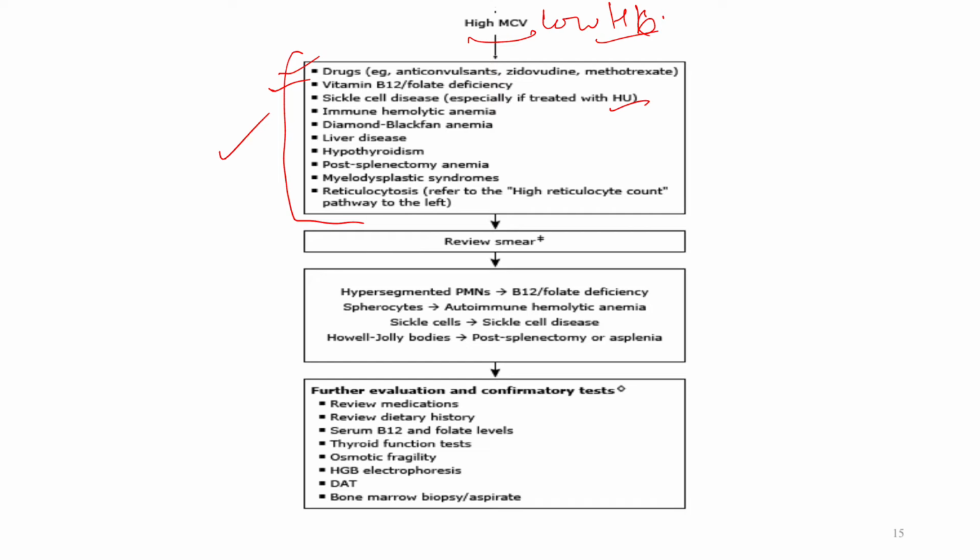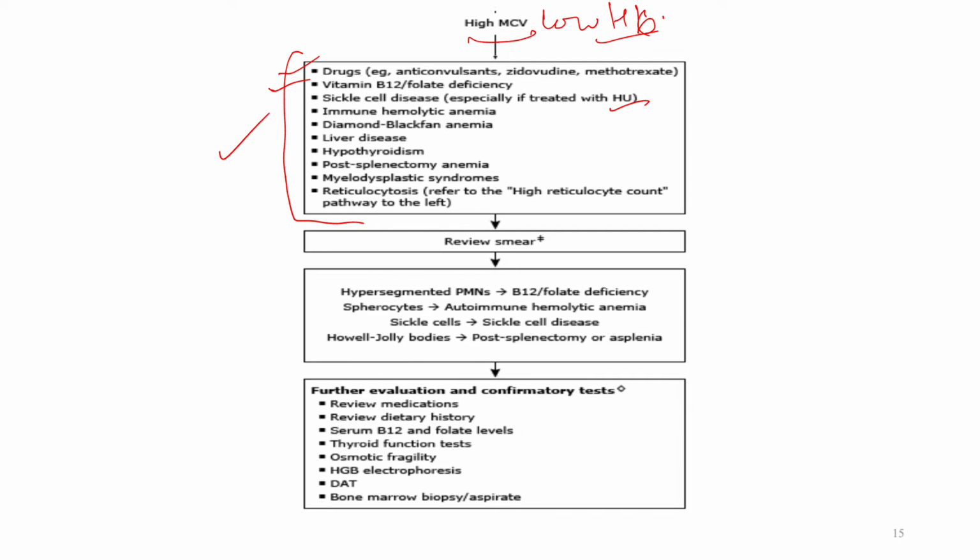Such patients will need further evaluation and confirmatory tests. We have to review their medications, and properly take their dietary history, whether they are vegetarian or non-vegetarian. We have to do their serum vitamin B12 and folate level, thyroid function tests, osmotic fragility for spherocytosis, hemoglobin electrophoresis, and bone marrow biopsy and aspirate.